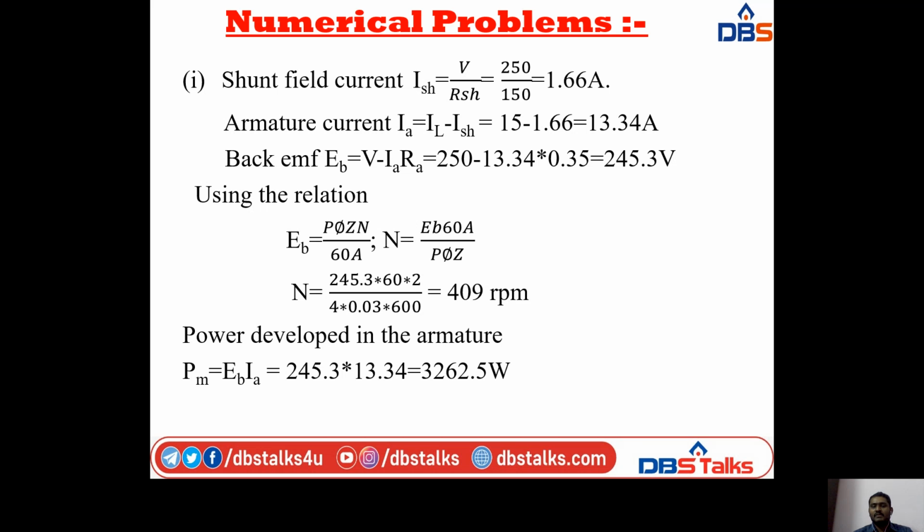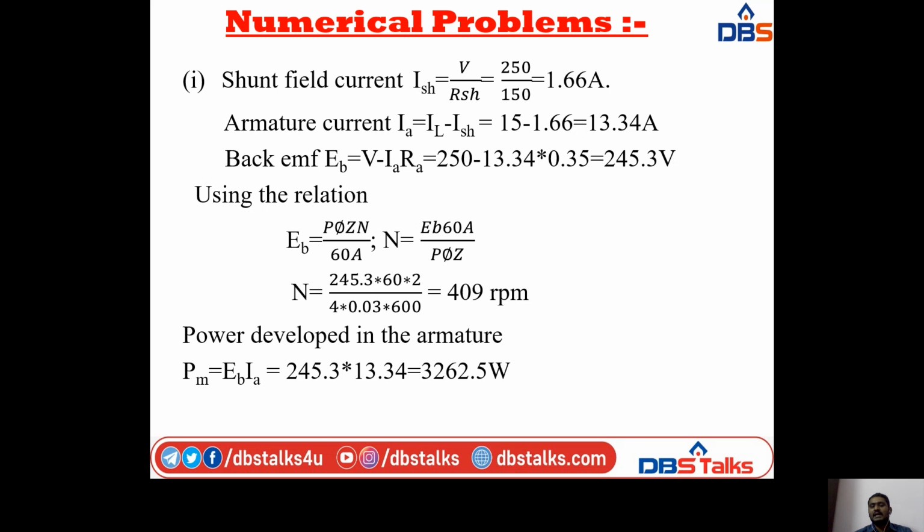Here it is IL minus ISH, so 15 amperes minus the shunt field current 1.66. We have the value 13.34 amperes. This is the armature current.